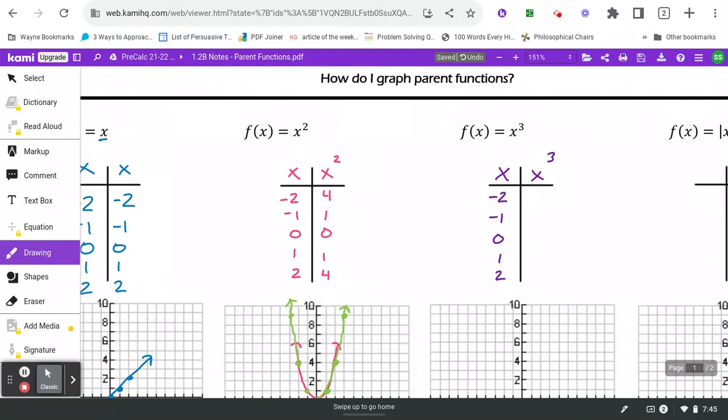So -2 to the third is -2 times -2 times -2. If you're going to type in your calculator, make sure you type in parentheses around the -2. This is going to get you -8. -1. 0 times 0 times 0 is 0. 1 times 1 times 1 is 1. And 2 times 2 times 2 is 8.